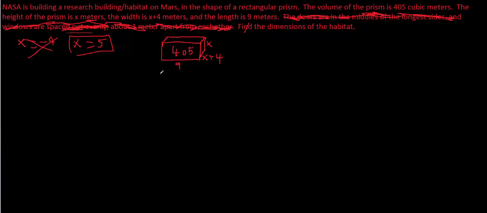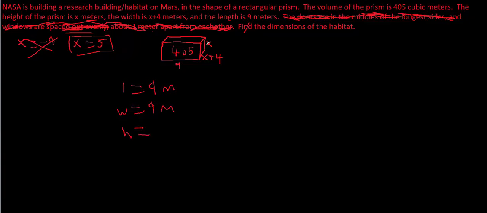Okay, so now we're back here, ready to solve our problem, to plug 5 in for all of these. So the length we already know is 9 meters. The width is x plus 4 meters, x being 5. 5 plus 4 is 9 meters.